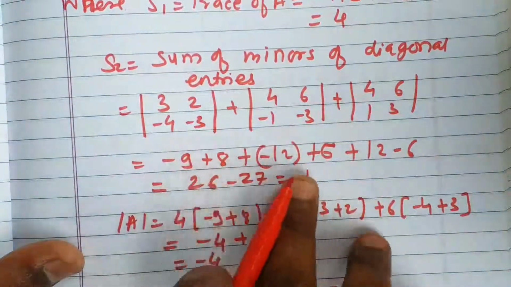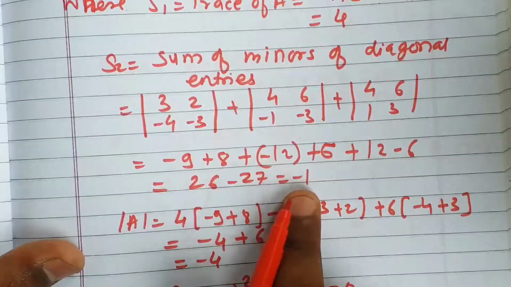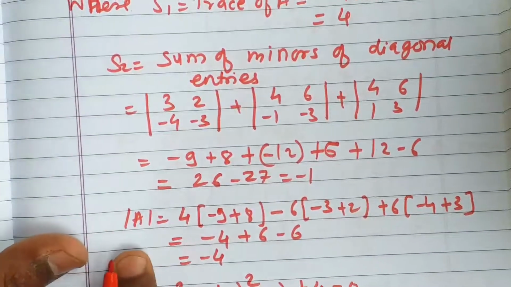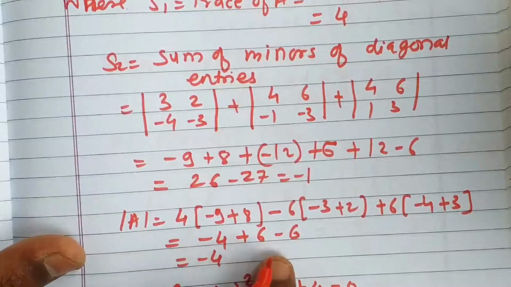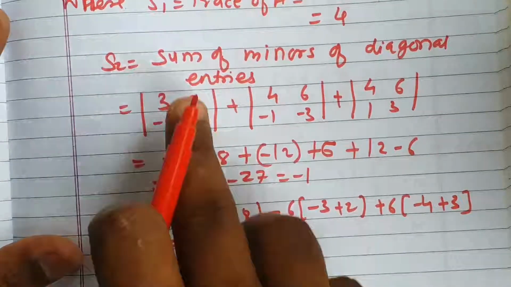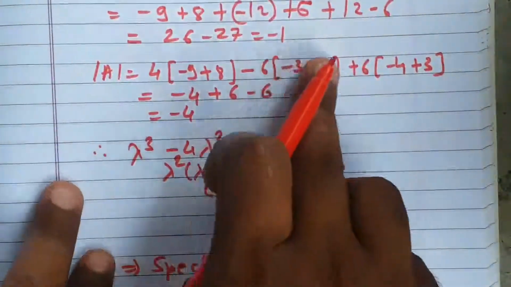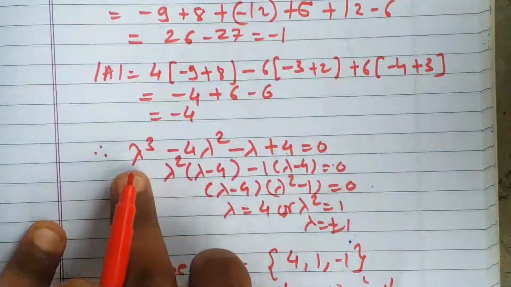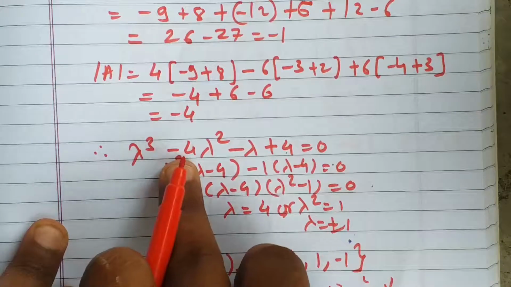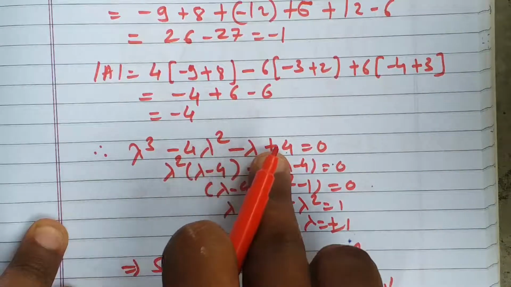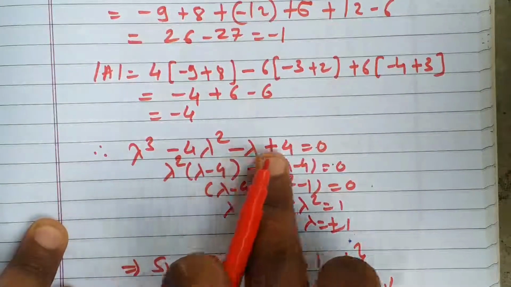Their addition is equal to -1 finally. You can check the calculations. Now the determinant of A I have calculated for you. It is -4. So S1, S2 and the determinant of A are calculated, and let us substitute these values in the previous equation. We'll get the polynomial lambda cube minus 4 lambda square minus lambda plus 4 equal to 0. Now this is a cubic polynomial.